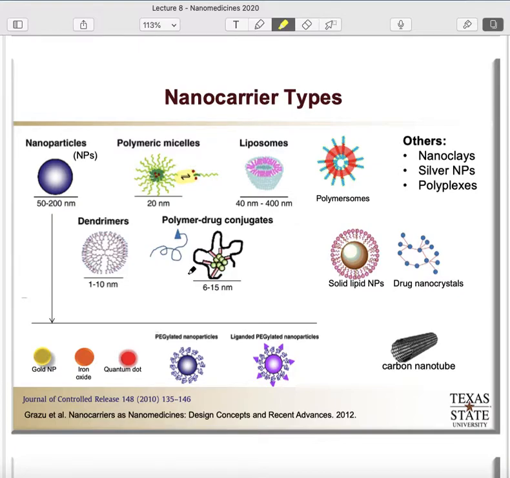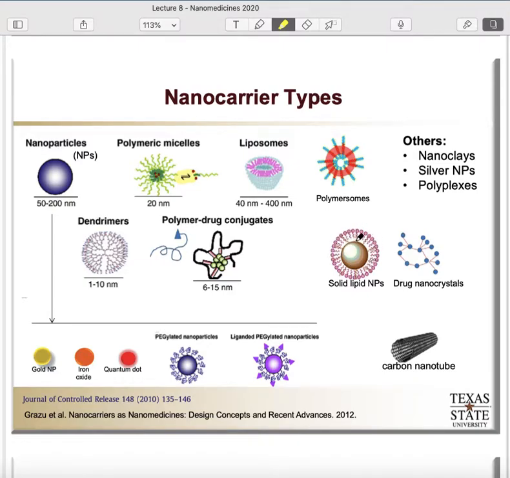From there we can go to solid lipid nanoparticles. As the name implies, they utilize lipids to form a core that is hydrophobic. That particle has to be stabilized to provide better interaction with the hydrophilic environment around it.